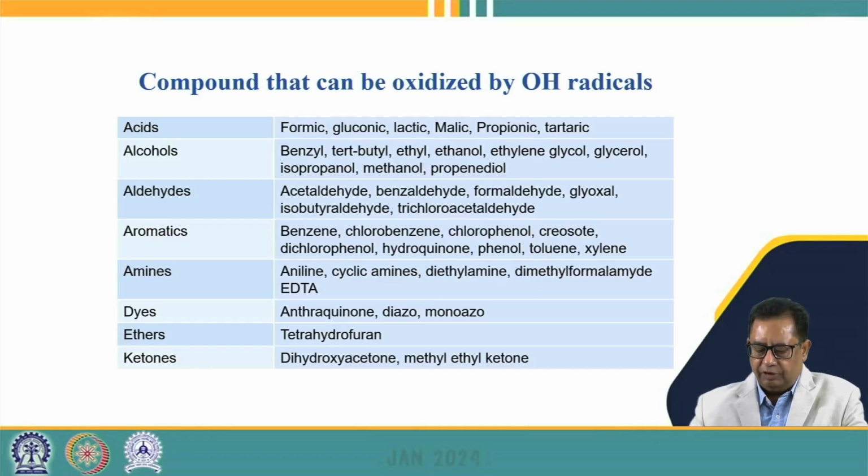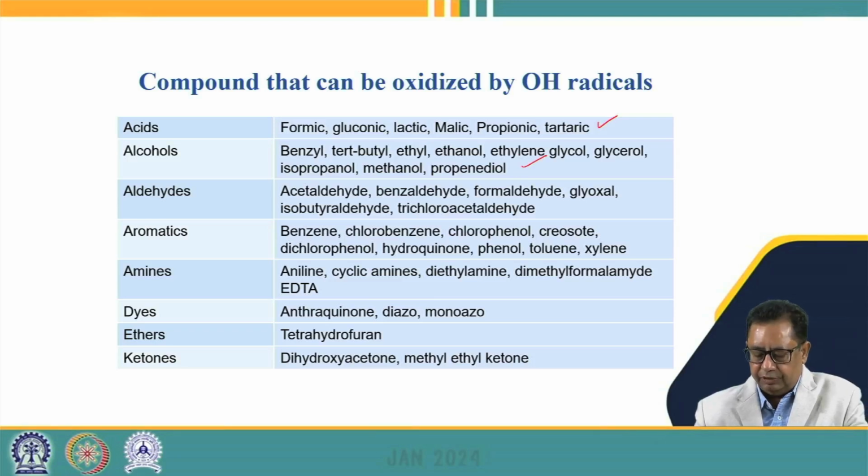For example, we can have acids like formic acid, gluconic acid, lactic acid, malic acid, propionic acid, and tartaric acid. Similarly, alcohols like benzyl, tert-butyl, ethyl, ethanol, ethylene glycol, glycerol, isopropanol, methanol, and propanediol.